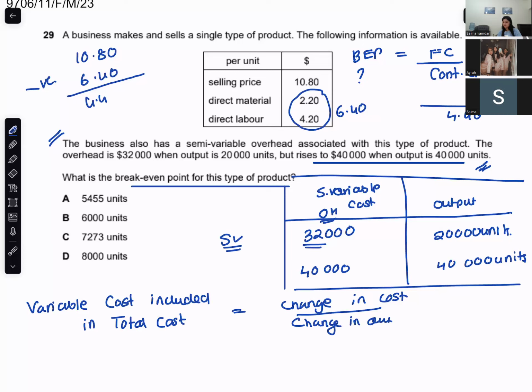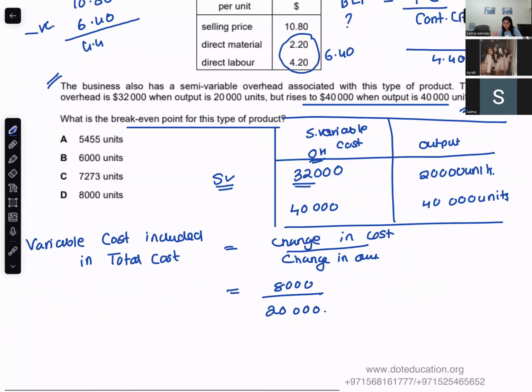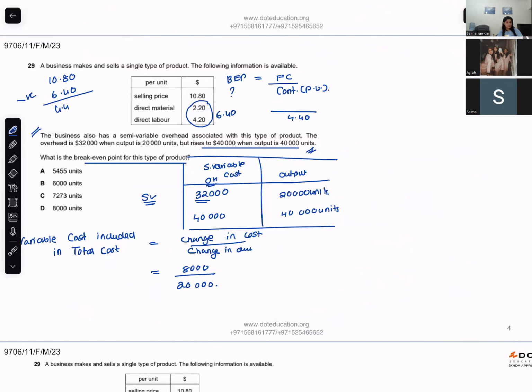What is the change in cost? It is 8,000. What is the change in output? 20,000. So what is the variable cost included in total cost? 8,000 divided by 20,000. It is 0.4.